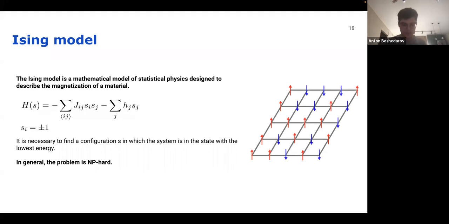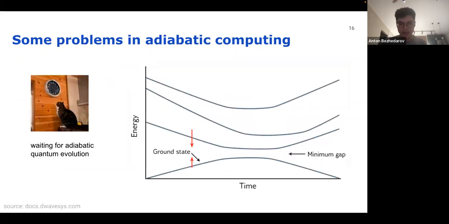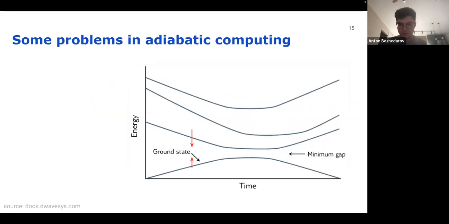What are the problems for implementation of this device for solving quantum problems? We could draw, for example, the energy landscape of the ground states. At time zero, we have a very trivial case: the magnetic field is very strong and there is no interaction between spins, only a strong magnetic field.